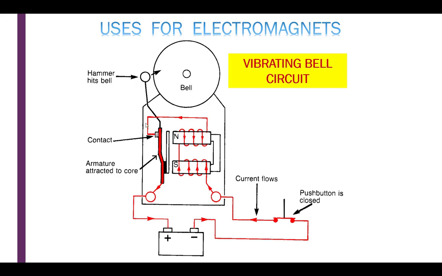But once it does, it reestablishes the connection, the contacts close again, and current begins to flow again. This becomes magnetized again, and again the bell is hit by the hammer. So this back and forth action causes that vibrating bell circuit that you're familiar with.